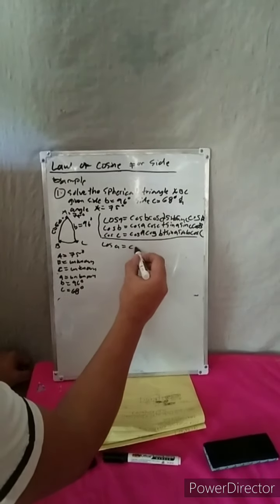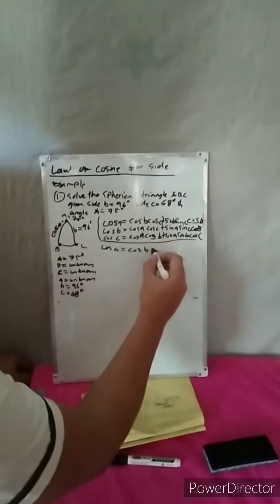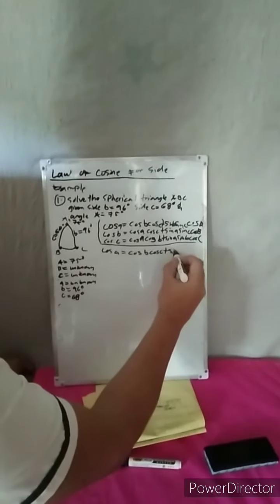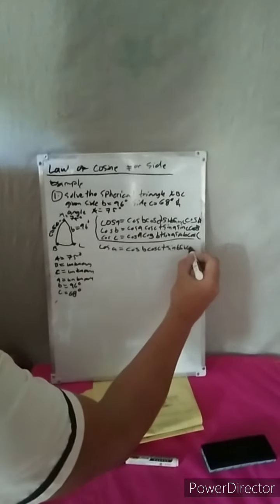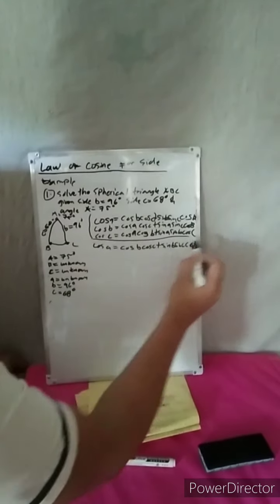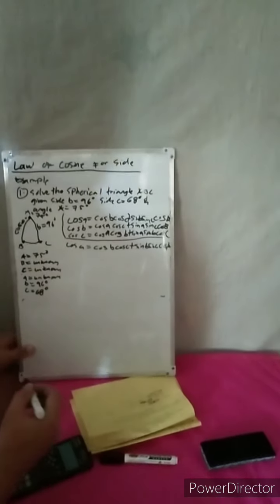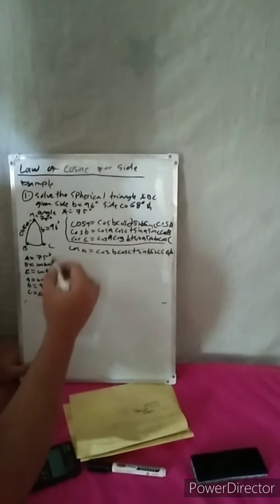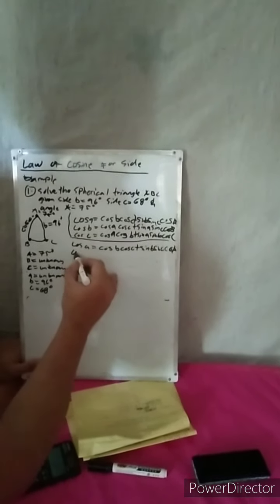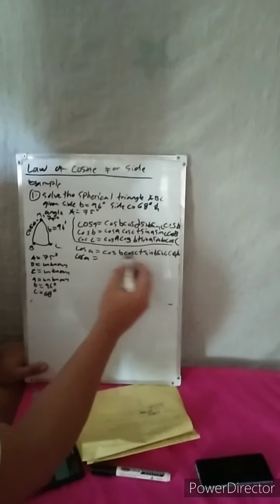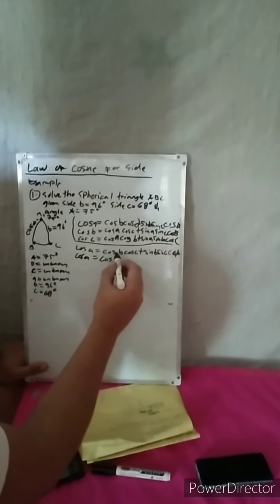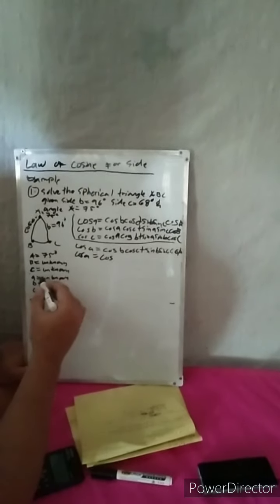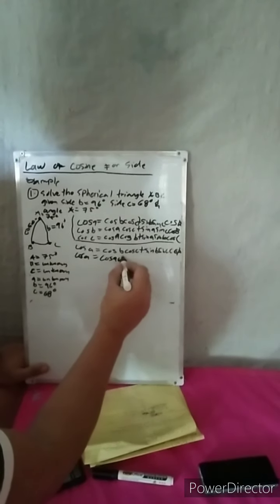Cosine A equals cosine B cosine C plus sin B sin C cosine angle A. So substitute nato ang kada given sa ato nga equation. Sa cosine B we have 96 degree.